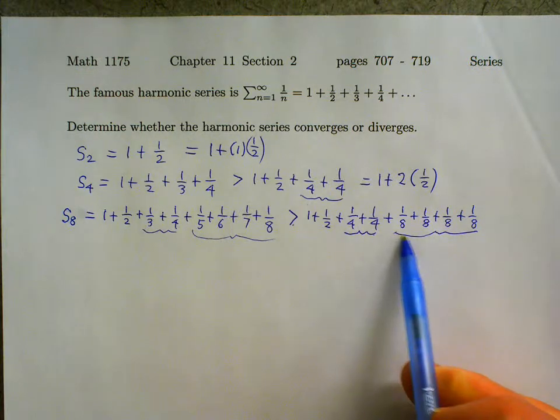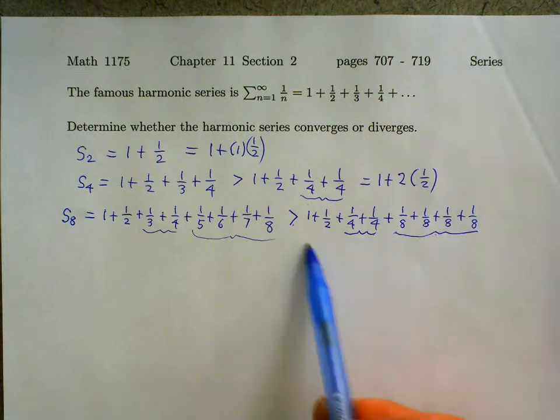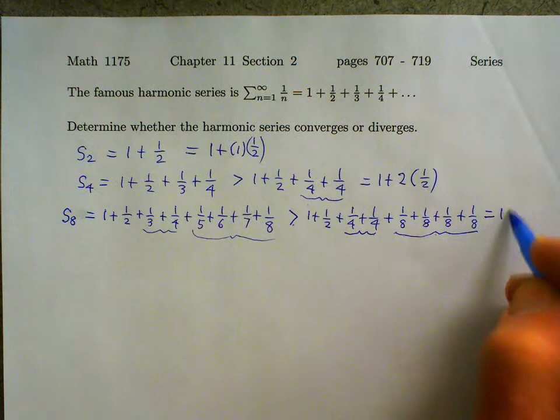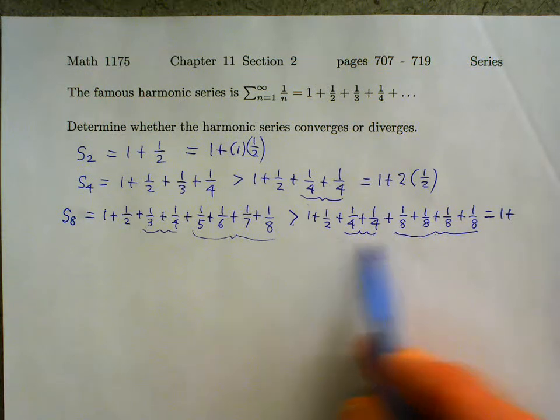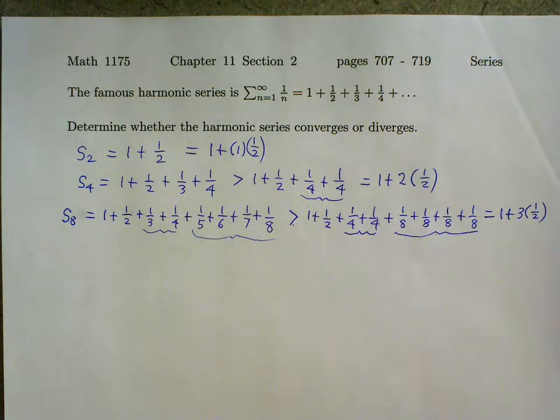But 1/8 plus 1/8 plus 1/8 plus 1/8 is 1/2 again. So this is 1 plus 3 times 1/2. Okay, does anybody see the pattern?